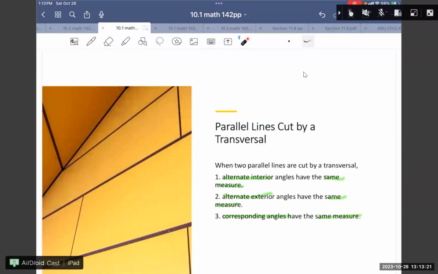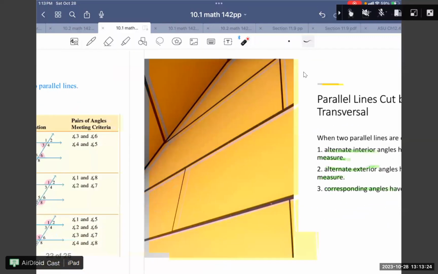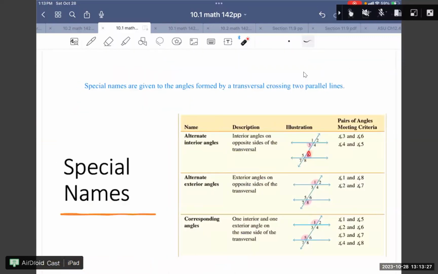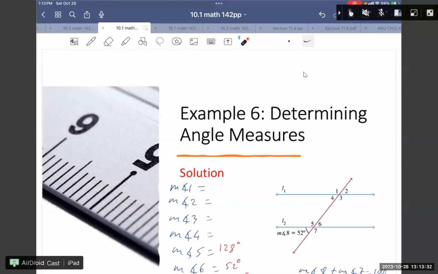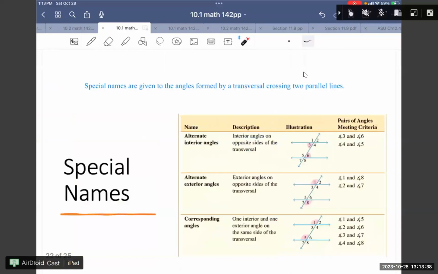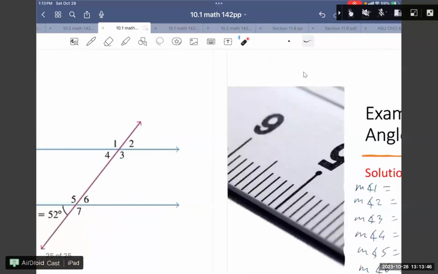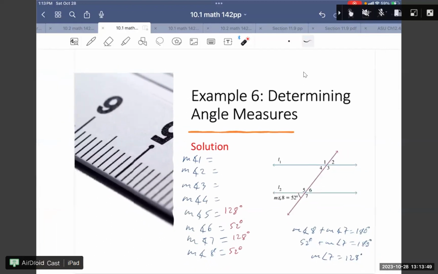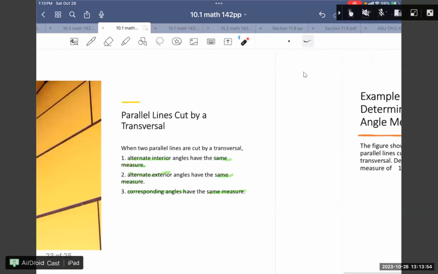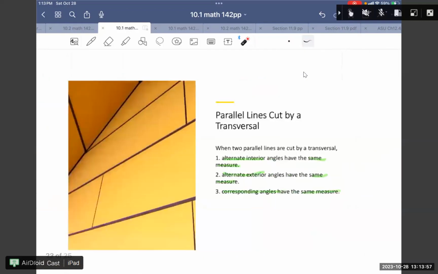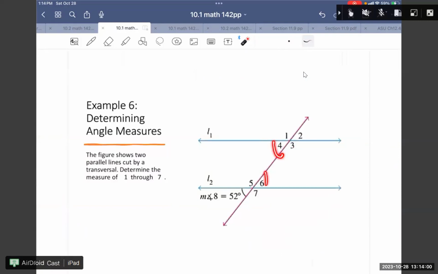Now alternate interior angles have the same measurement. So, oh no, alternate, the angle 6 and angle 4, not 3.